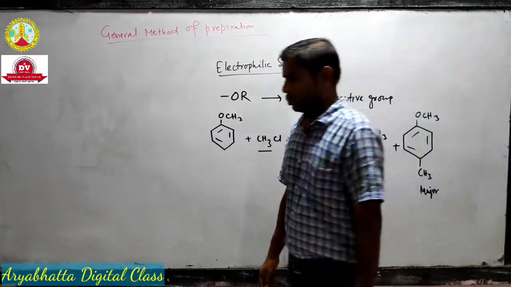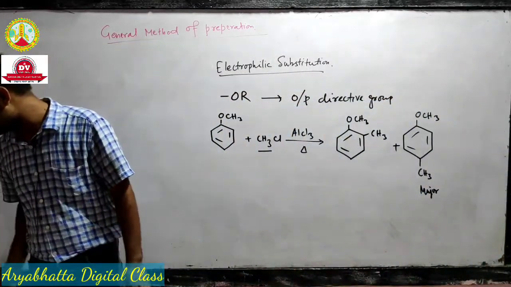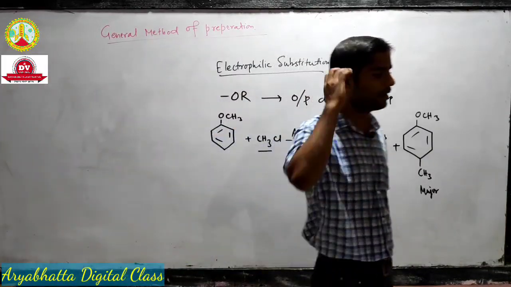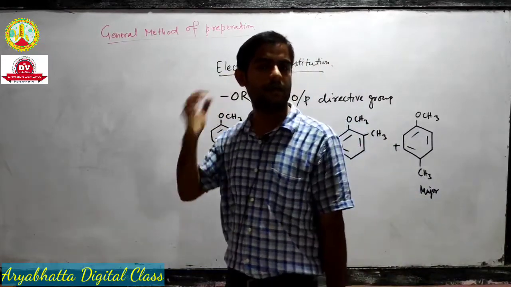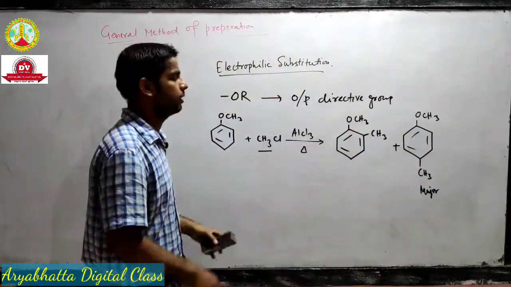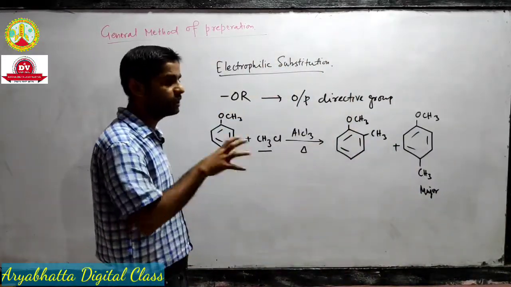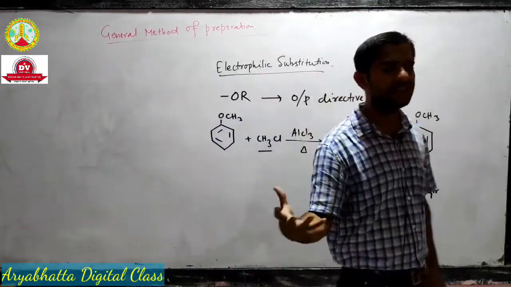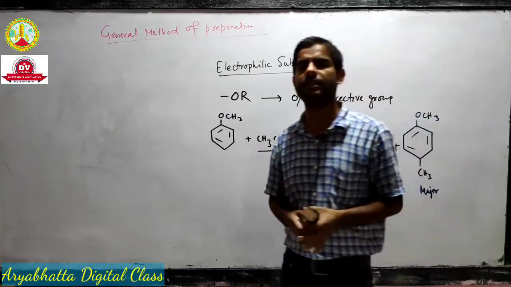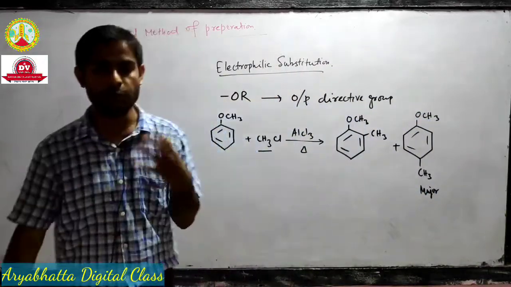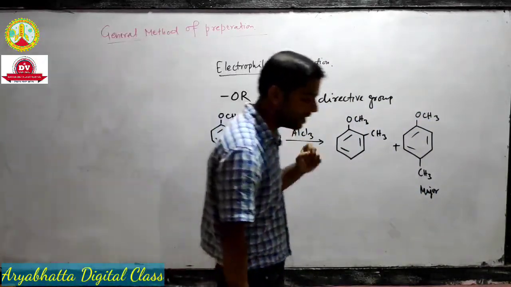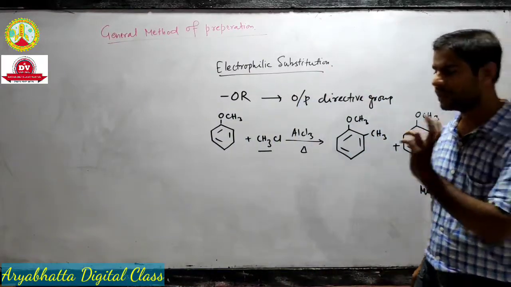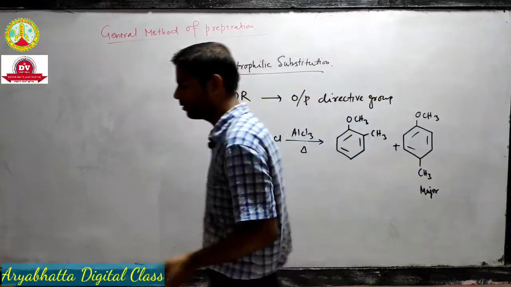So you have a list of electrophilic reagents. I gave you the list which contains different kinds of reagents which can produce different kinds of electrophiles. Like in nitration, we use nitric acid in presence of sulfuric acid, which produces the nitro electrophile NO2 positive.